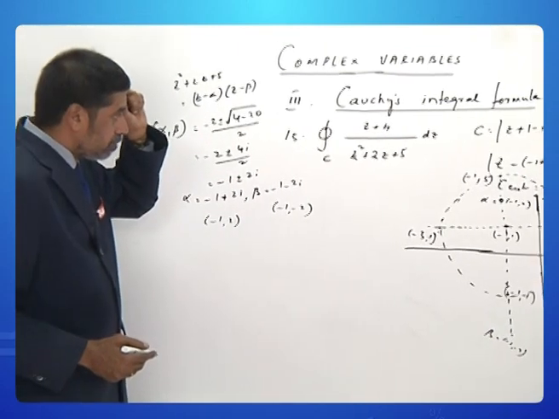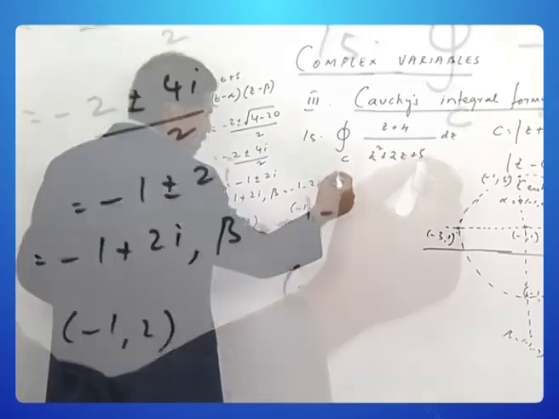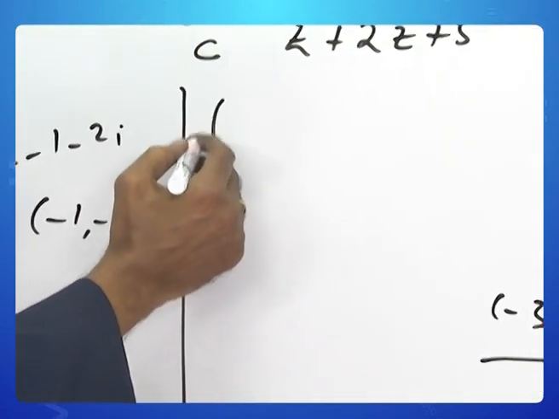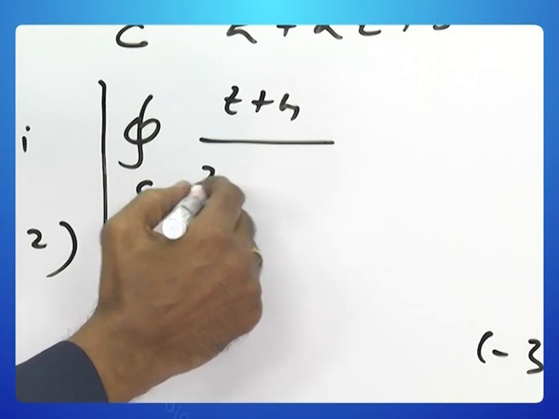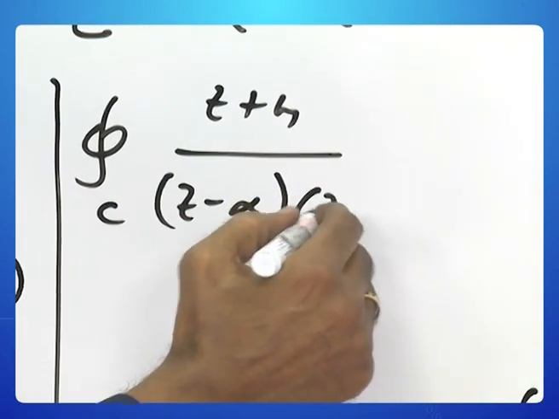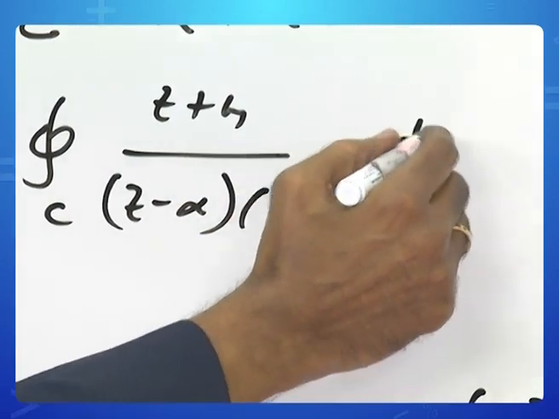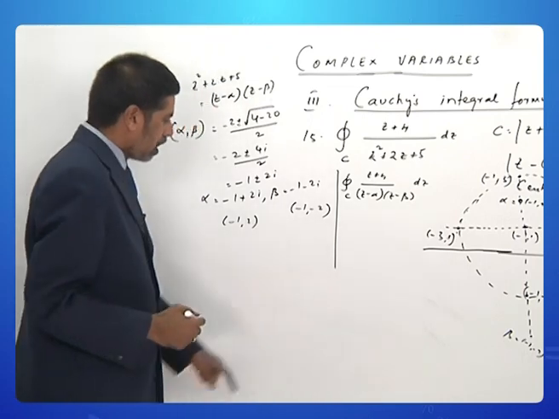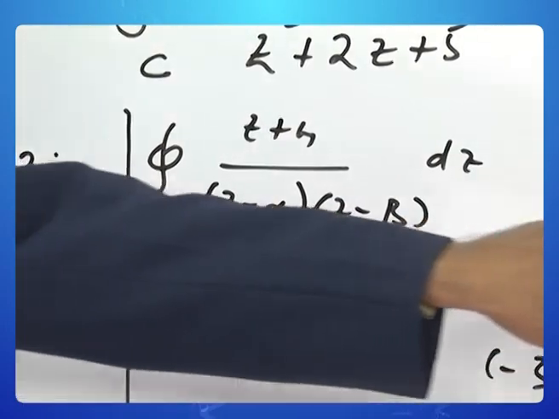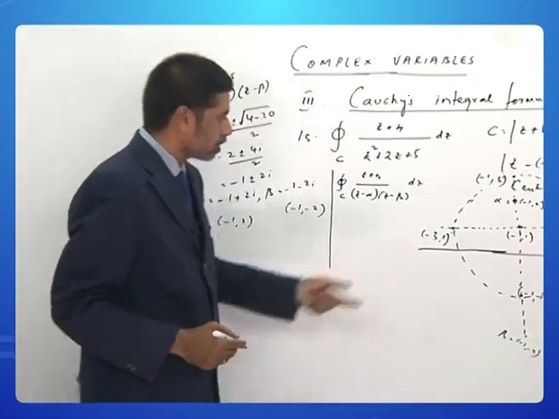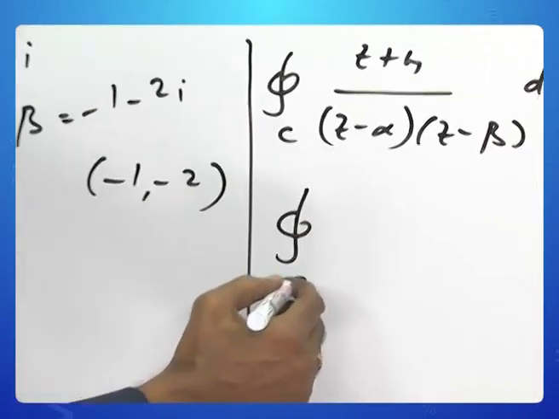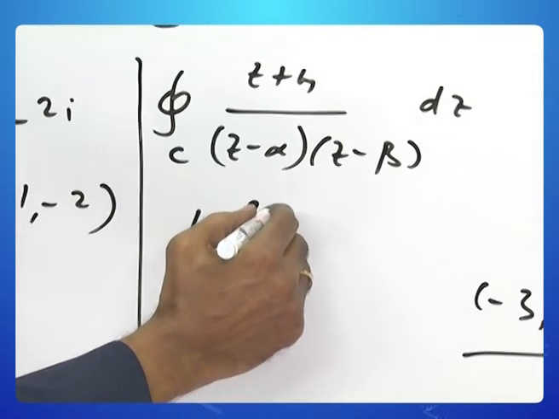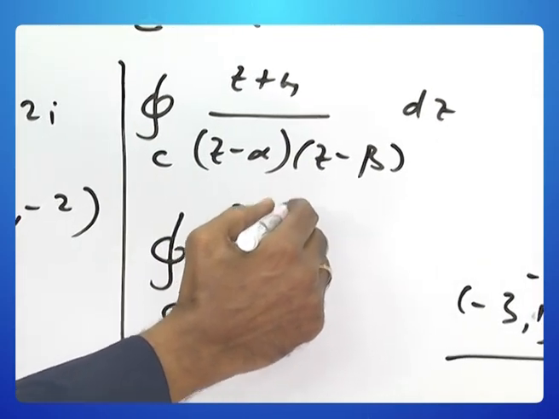So what does this mean? It means if you write z plus 4 by z minus alpha into z minus beta, alpha is inside the contour but beta is outside the contour. Therefore, this z minus beta can be promoted to the numerator because it's not a singular point.